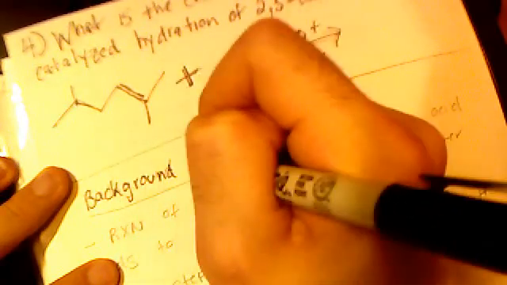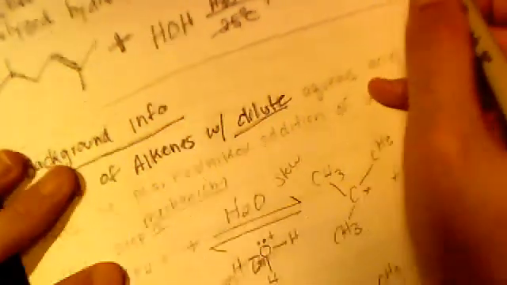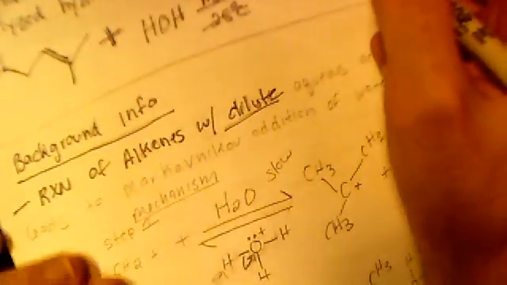Alright, so I needed to look up some background information. It says reaction of alkenes with dilute acid. When we're doing an acid catalyzed hydration, you want the acid to be dilute.